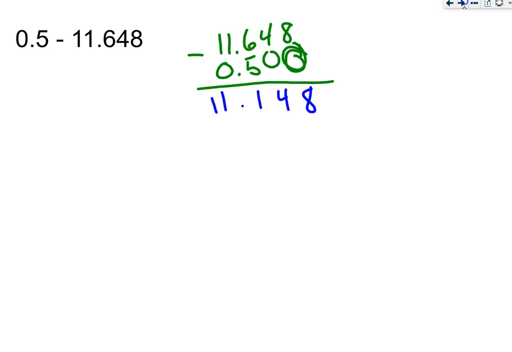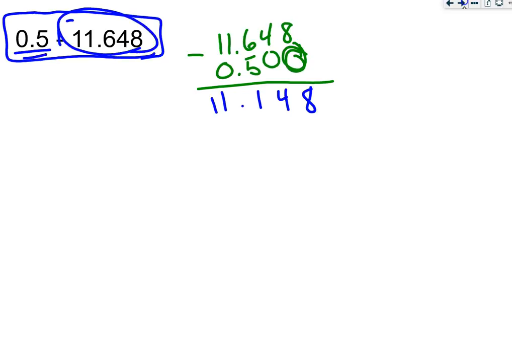Now, please notice that our result is 11.148. However, if you look at our original question, we are taking 0.5 and subtracting a really big number. So our result should be negative. We're taking and leaving, adding, changing. We found the difference between the numbers.